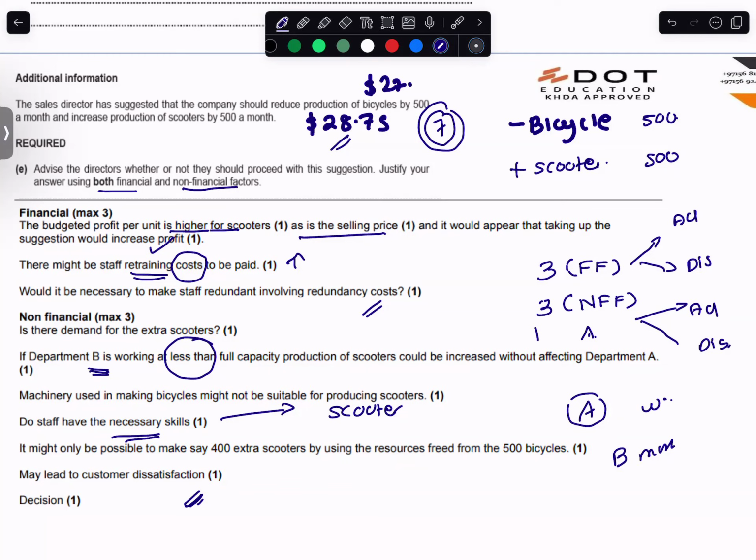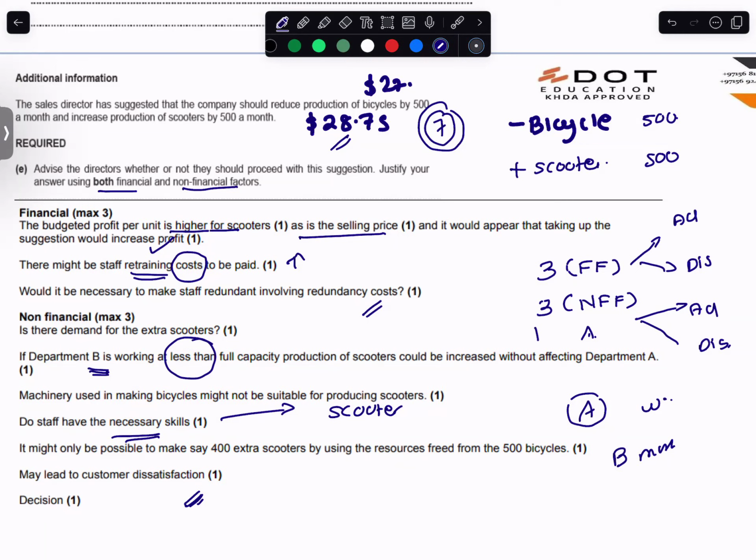So it is not possible to produce 500 scooters with the resources of 500 bicycles. So now what do you think? What should be done? So they shouldn't make it 500. They should maybe decrease the 500 amount.